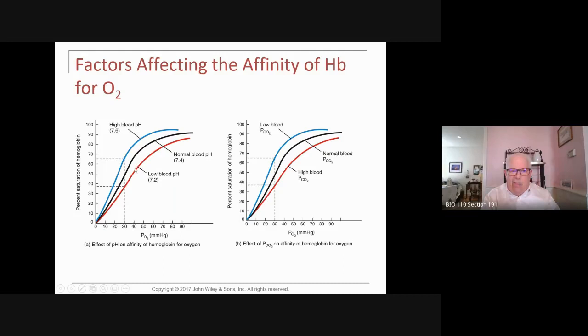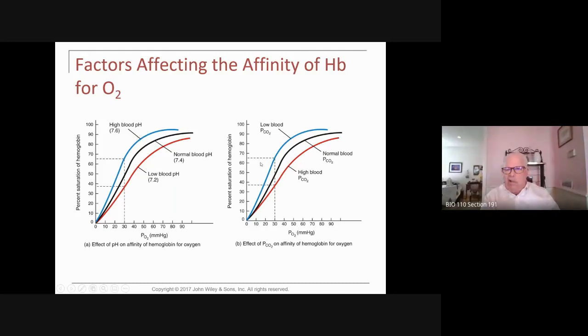So hemoglobin will give it to the tissues, and then hemoglobin will be lower in oxygen. If you have alkalosis, which is the high pH of 7.6, your tissues don't need any more oxygen, and hemoglobin will hold on to oxygen.